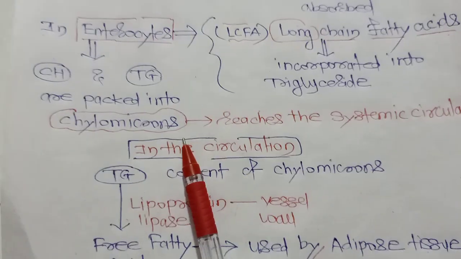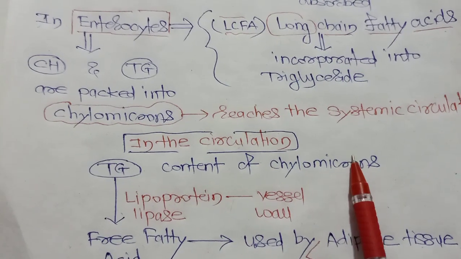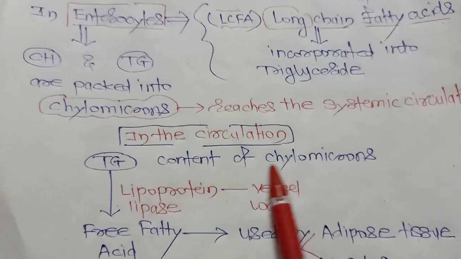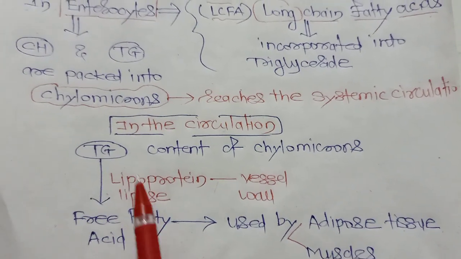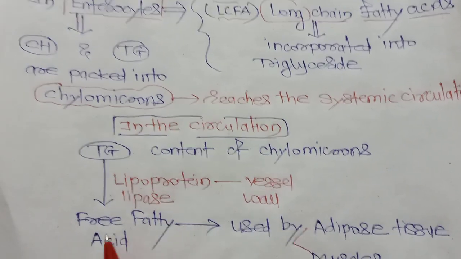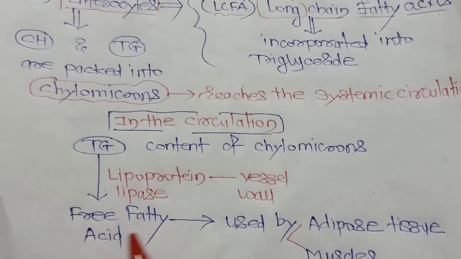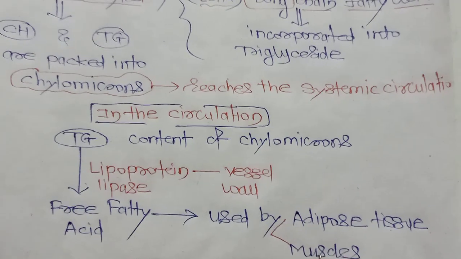In the systemic circulation, the triglyceride content of chylomicron is converted into free fatty acid with the help of vessel wall lipoprotein lipase. And this free fatty acid is used by the adipose tissue and the muscles.